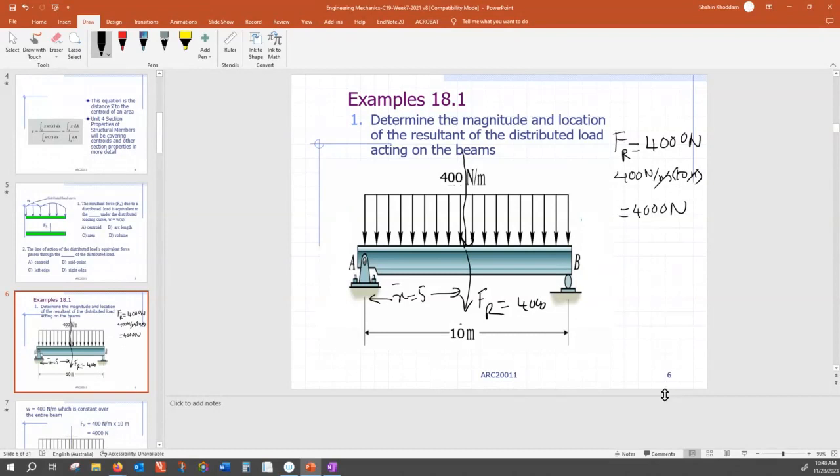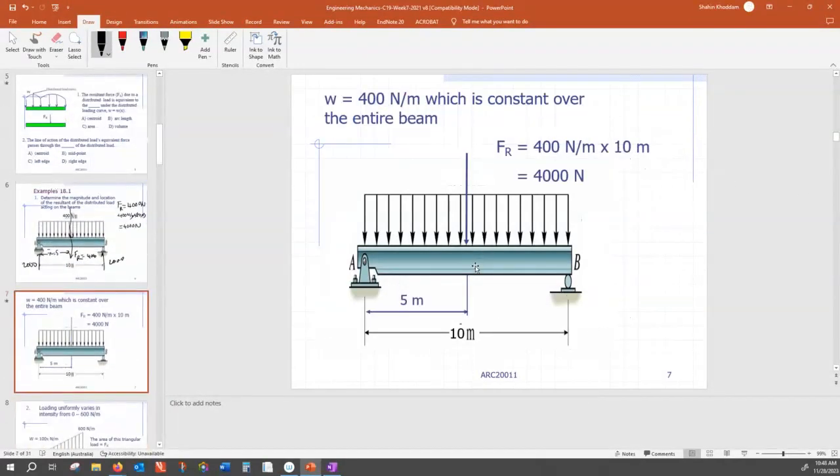If this is 4,000 and the load is symmetric, the reactions are going to be equal. So 4,000 divided by 2, the reactions are 2,000 here and 2,000 here. Correct? Okay, that was just to warm you up.